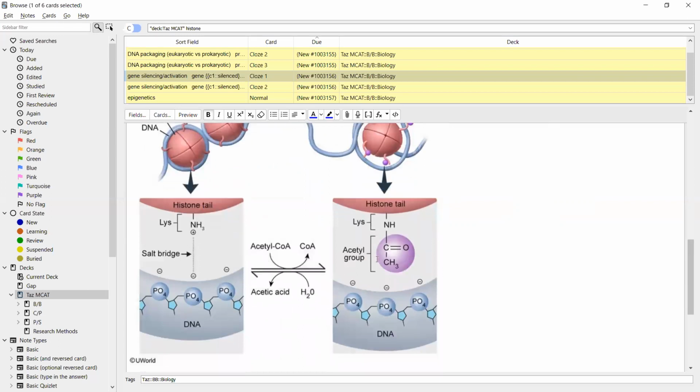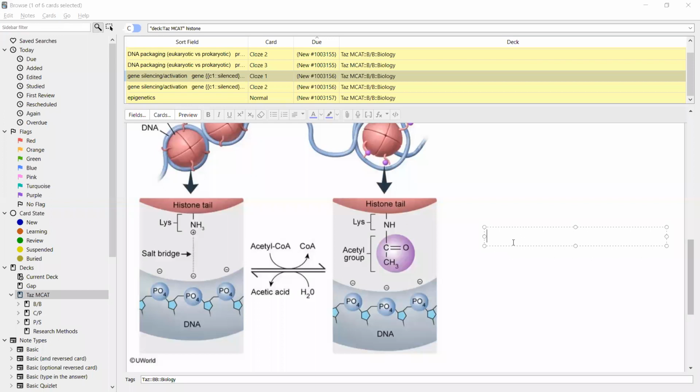If it binds tightly, we have less gene expression. Now, if we neutralize this positive charge, will the attraction between the histone and the DNA increase or decrease? Decrease, yes. Awesome, everybody's on it today.